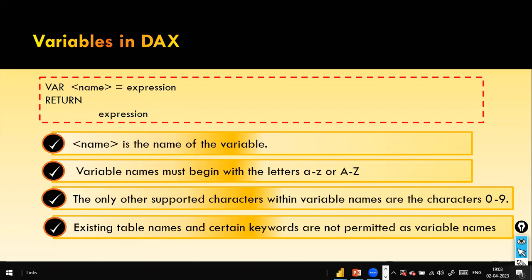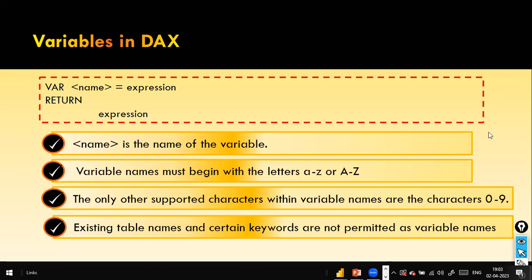And in case of any error, if you want to debug it, it'll be pretty helpful to quickly find which line of code caused the error, if you use variables in your DAX queries.